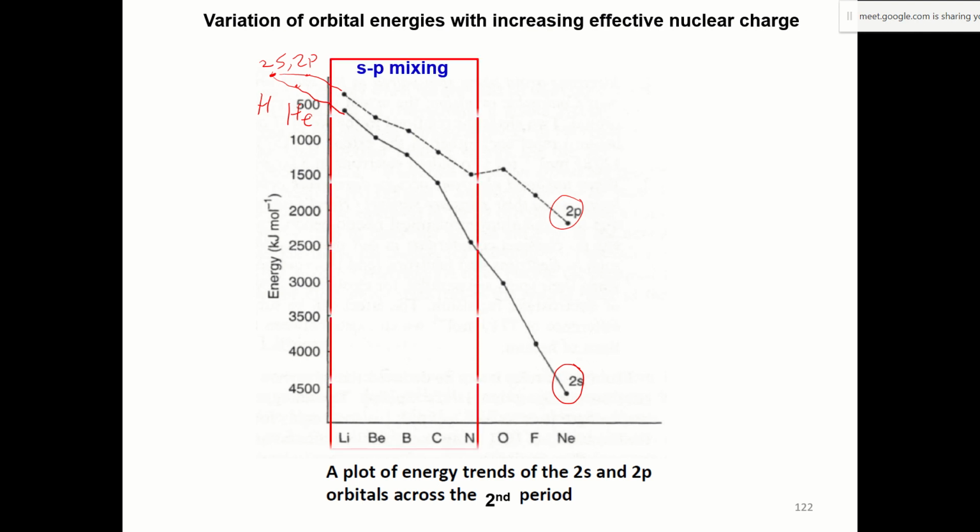Now, in the lighter elements, from lithium to nitrogen, which we were going to discuss, we can see that the 2s and 2p orbitals are still very close to each other.